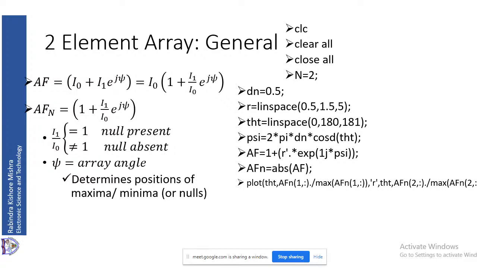So whatever is the maximum value, that will divide array factor 1 comma colon. Then r is given within quotes, that is the red line, so the line that will be plotted is the red line. Then theta, array factor 2, theta, array factor 3. Similarly, we will go up to 5 of these.